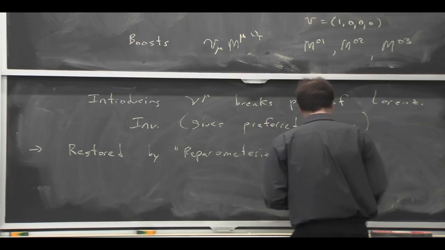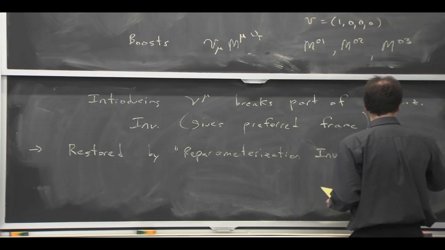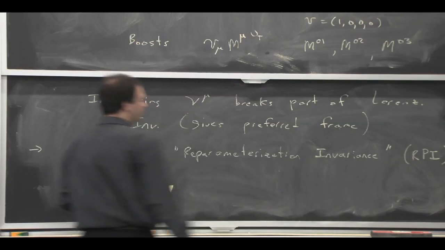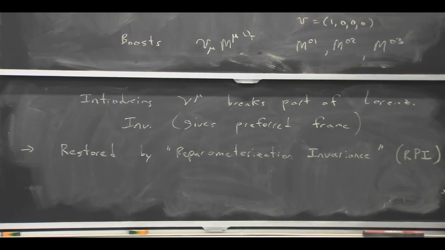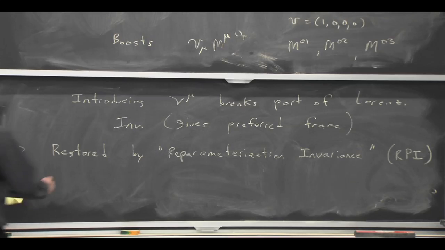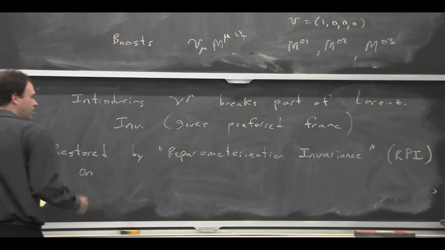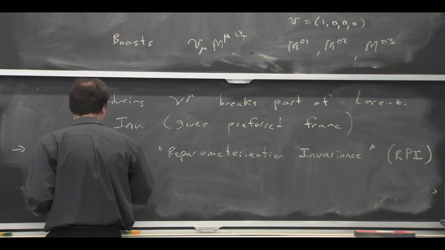And it's called reparametrization invariance, which I'll write once, and then forevermore talk about as RPI, reparameterization invariance. And it's an additional symmetry that we have on v^μ itself.